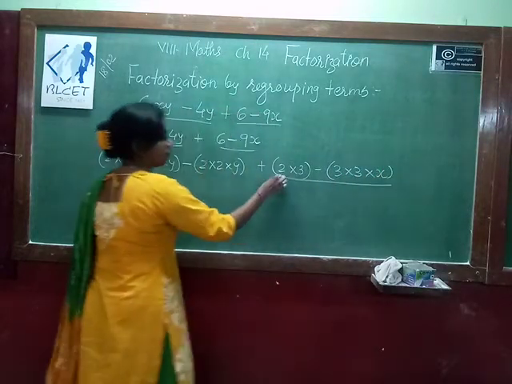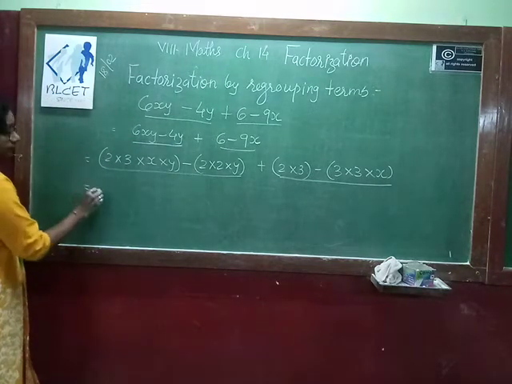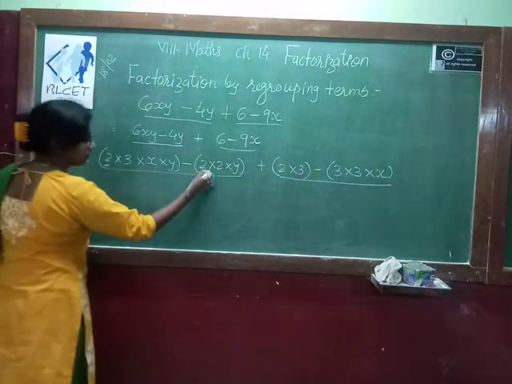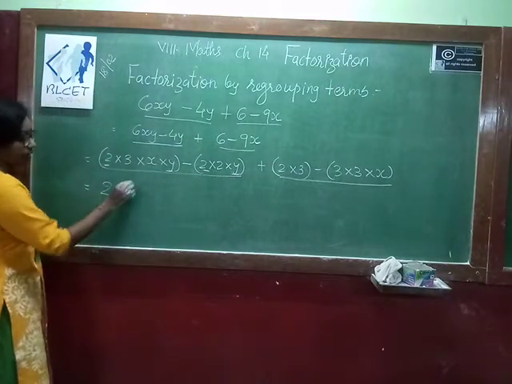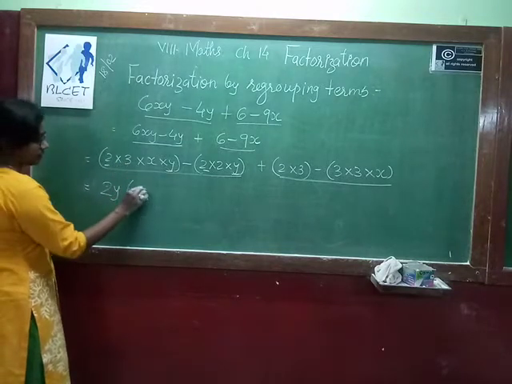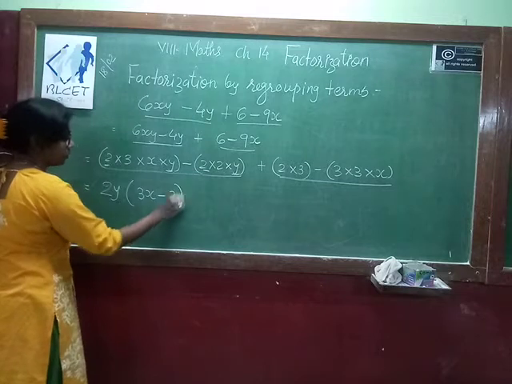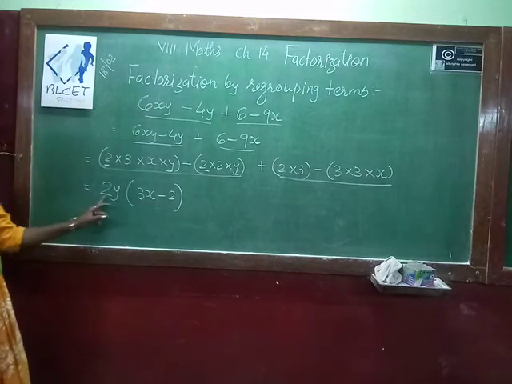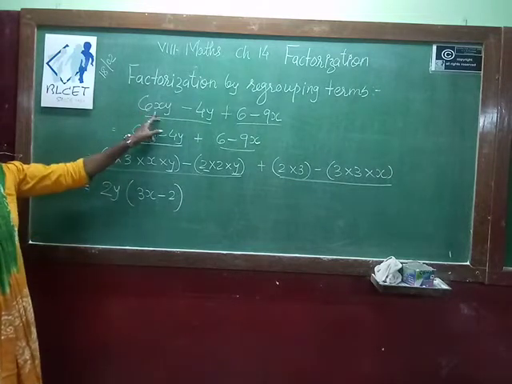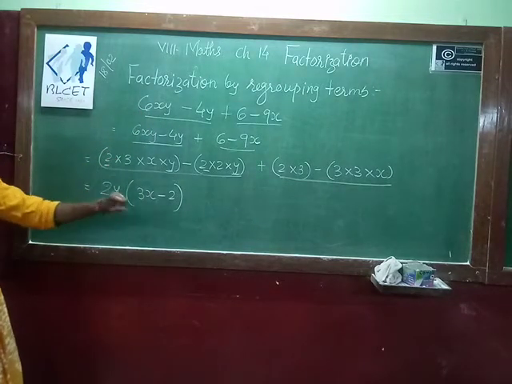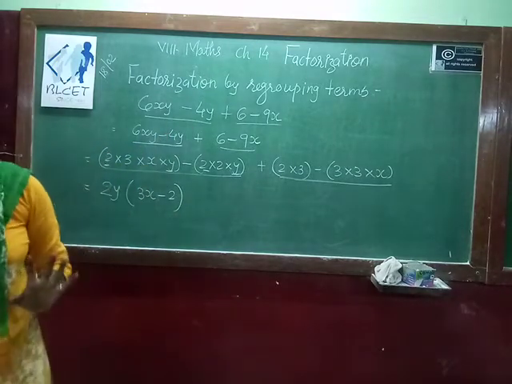Now we take common factors from each group. In the first group, 2 is common and y is common. What is left? 3x minus 2. Want to check your answer? 2y into 3x gives 3 twos are 6, xy, and minus 2 twos are 4y. You will get the answer.